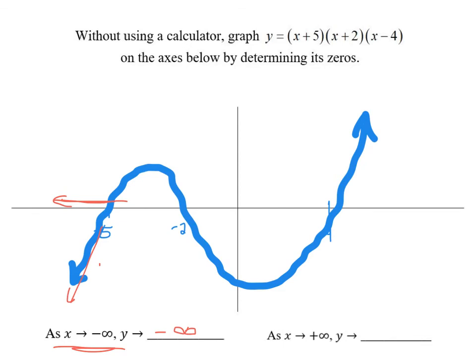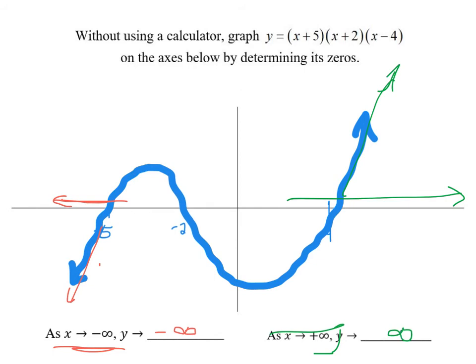And then let me switch over to green here. As x is approaching +infinity, are the y values rising or falling? In this case, we can see they're rising. They're going up, and therefore we would say that y is approaching +infinity. So that's how you answer that.